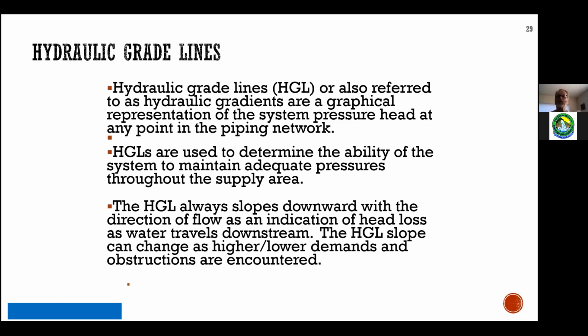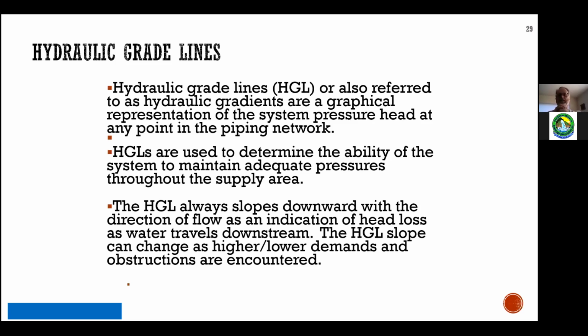But as soon as water starts to move through the system, the grade line starts to slope, and it represents how much energy is being lost as water is delivered to a customer or customers. And again, all those reasons still exist. Bends, closed valves, undersized pipe, corroded or rough pipe walls.